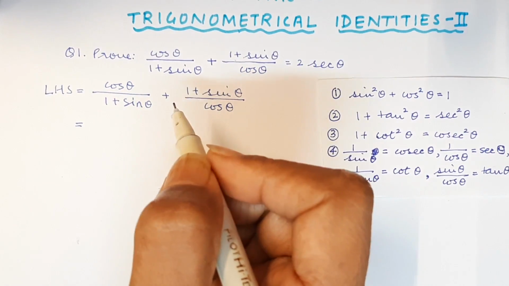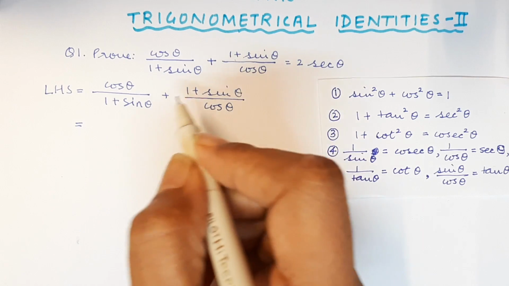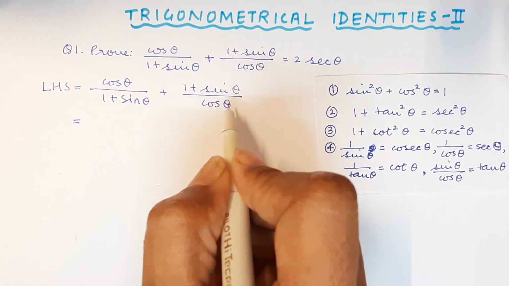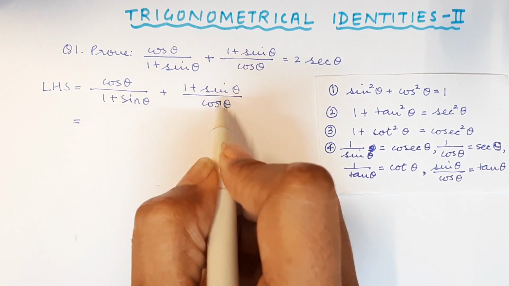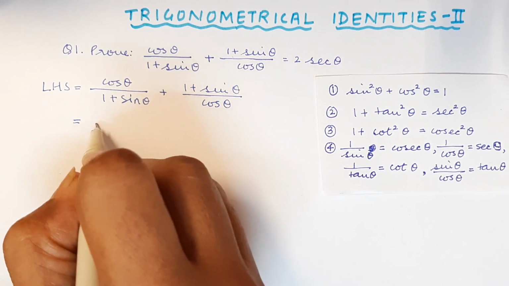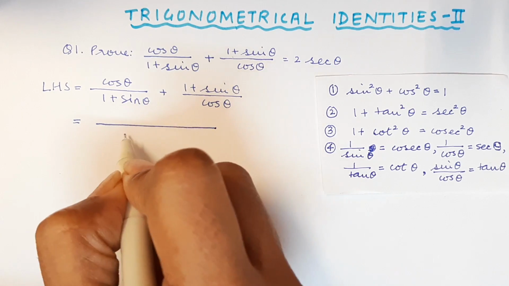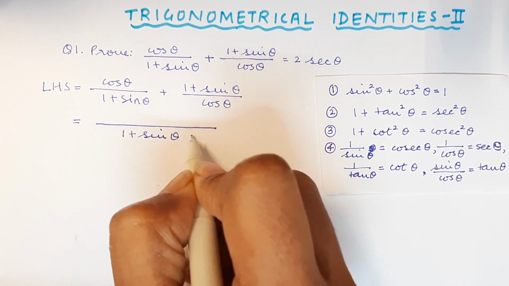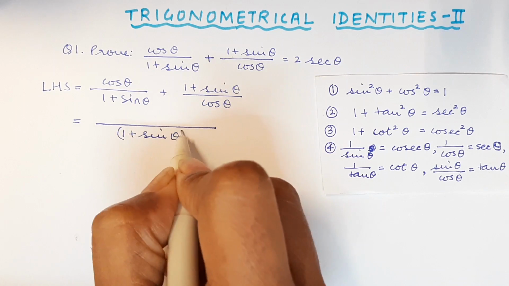Now when we simplify, what are we looking for? We are looking for making this into a one term. Now there are two terms over here, both the terms are fractions. So we have to take LCM. So 1 plus sin theta, this will be multiplied by cos theta.